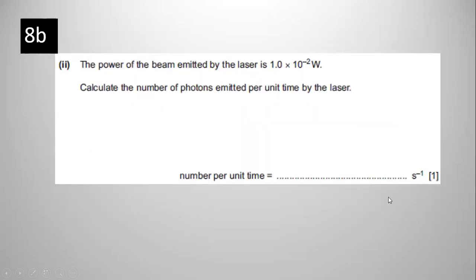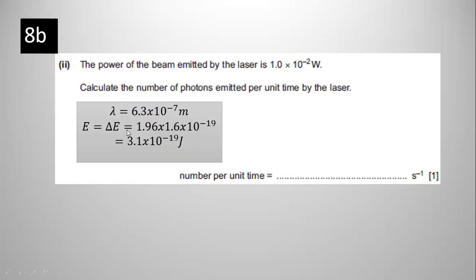Power of beam emitted by laser is given by that. Calculate the number of photons emitted per unit time by the laser. Right, that's the energy of the photon emitted. Lambda is that. Or just use 1.96 times that. Calculate the energy emitted.